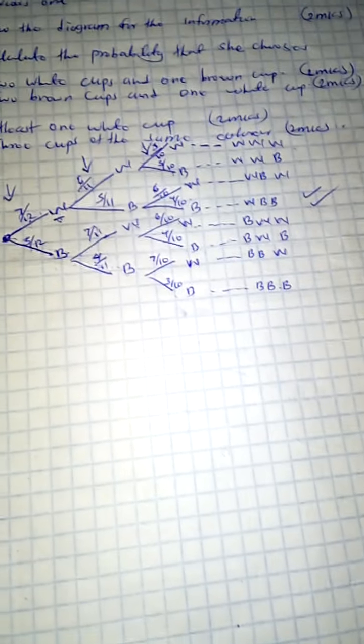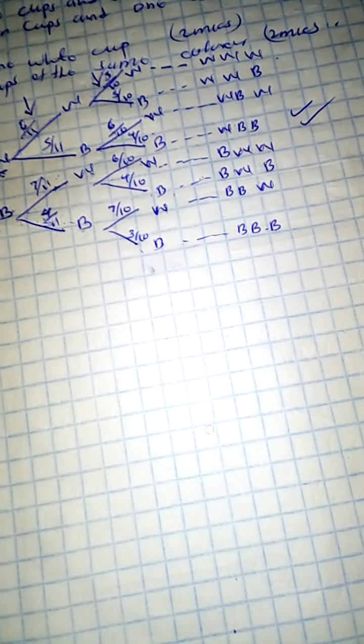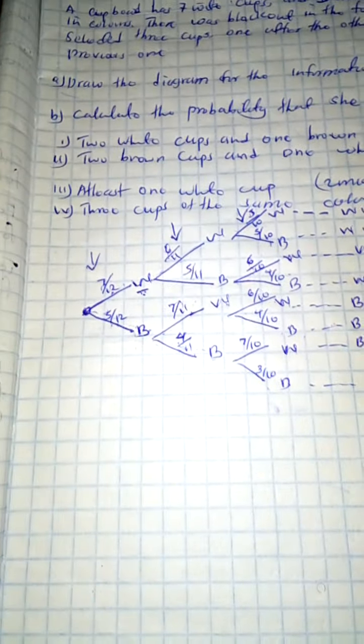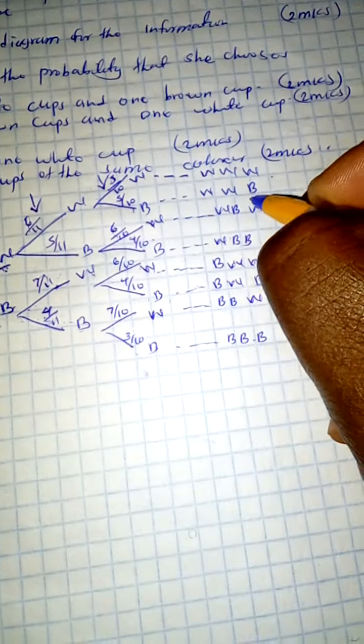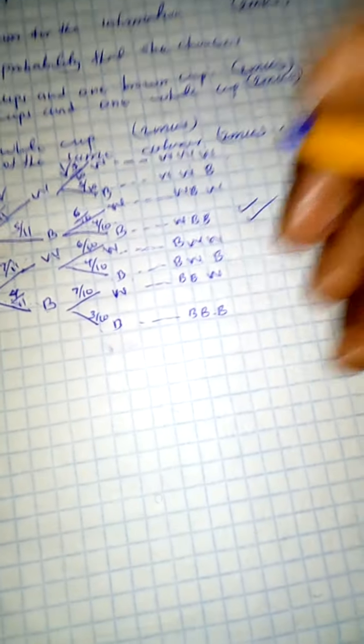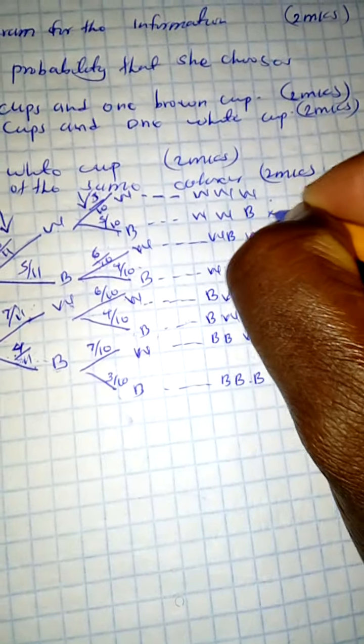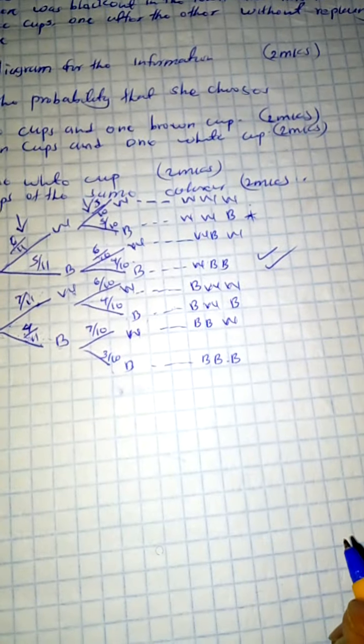Those were 2 marks. Then number B, calculate the probability that she chooses 2 white caps and 1 brown cap. Now look where there are 2 white caps and 1 brown cap in your outcomes. There is WWB, that is 2 white caps and 1 brown.